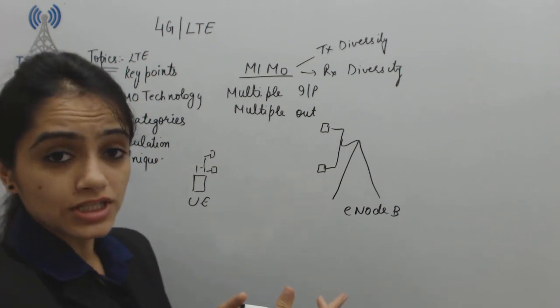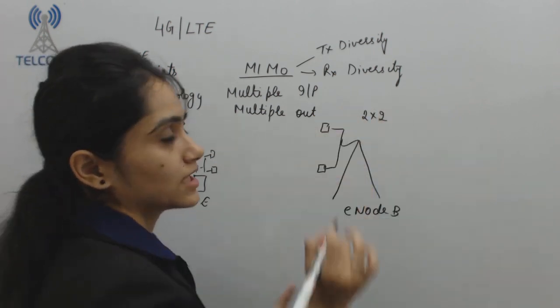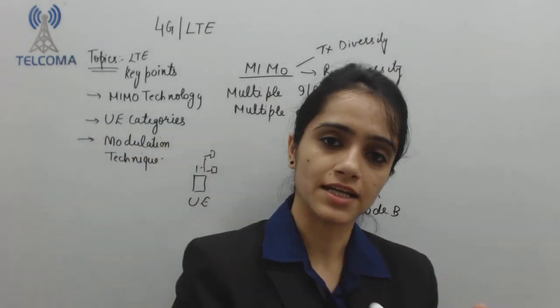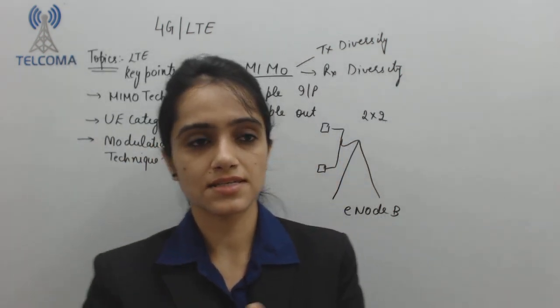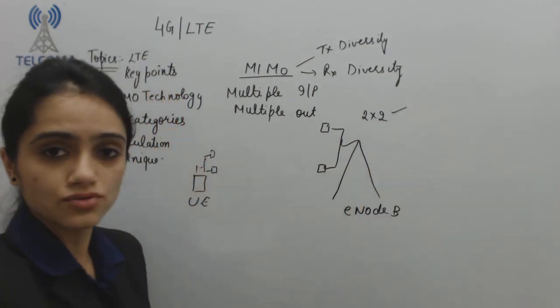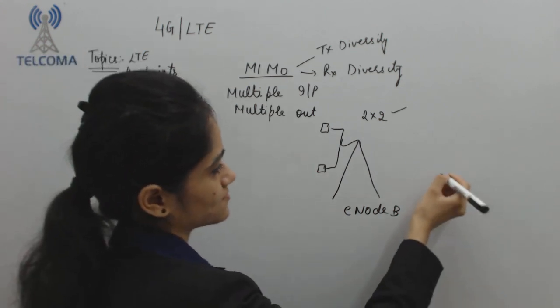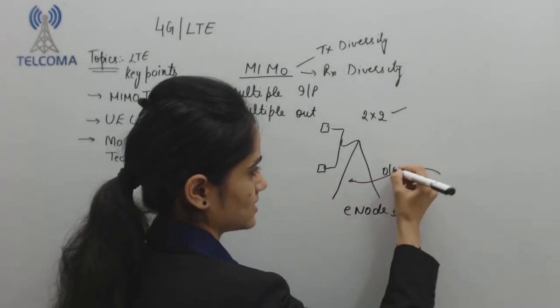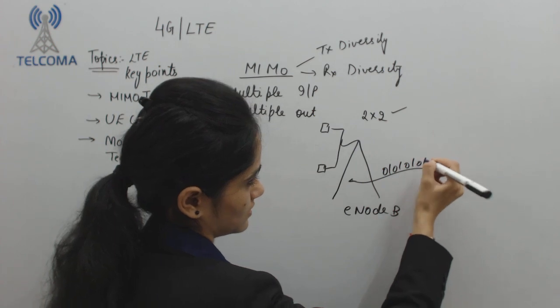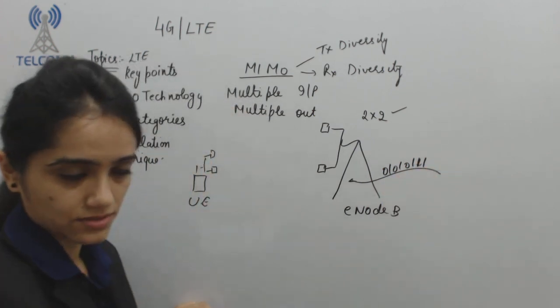So here in the pictorial diagram, I am using only a 2x2 configuration. That means 2 transmitter receivers at the network end and 2 at the user end. So this configuration is 2x2. Now my node B has to transmit information like 0, 1, 0, 1, 0, 1, 0, 1, or 1, 1 in order to distinguish.